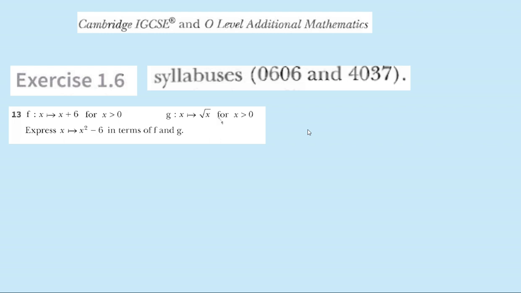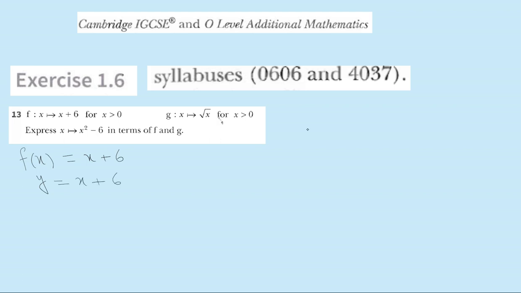So given that f of x is equal to x plus 6, if I find f inverse of x first, how to find f inverse of x? Recall all the steps. First, replace f of x by y: y equals x plus 6.